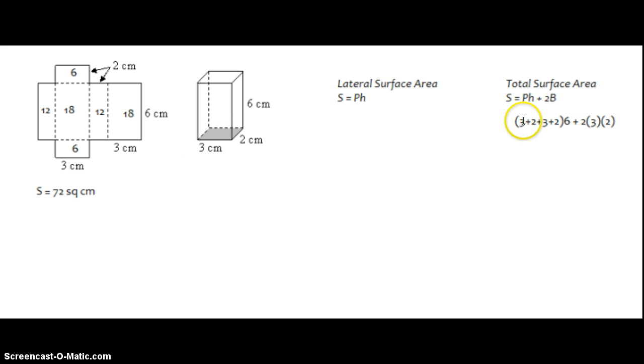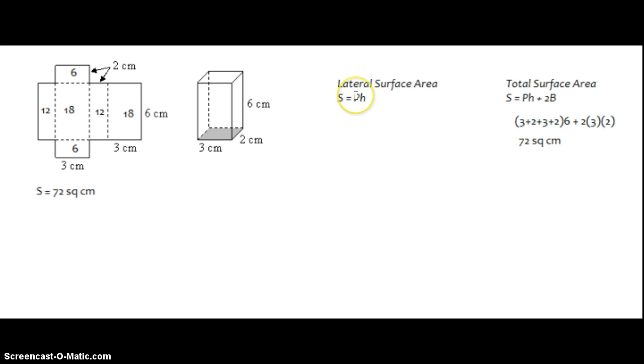So 3 by 2, and we have 2 bases, so we have to multiply that by 2. When we multiply and add all of that together, we still get 72 square centimeters. So again, one way to find total surface area would be to use the net and just find the area of each piece, or you can use the formula.